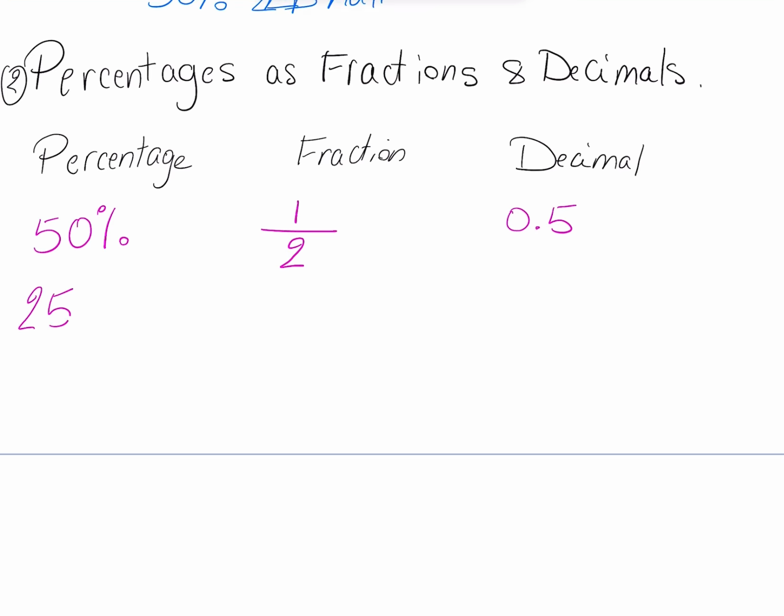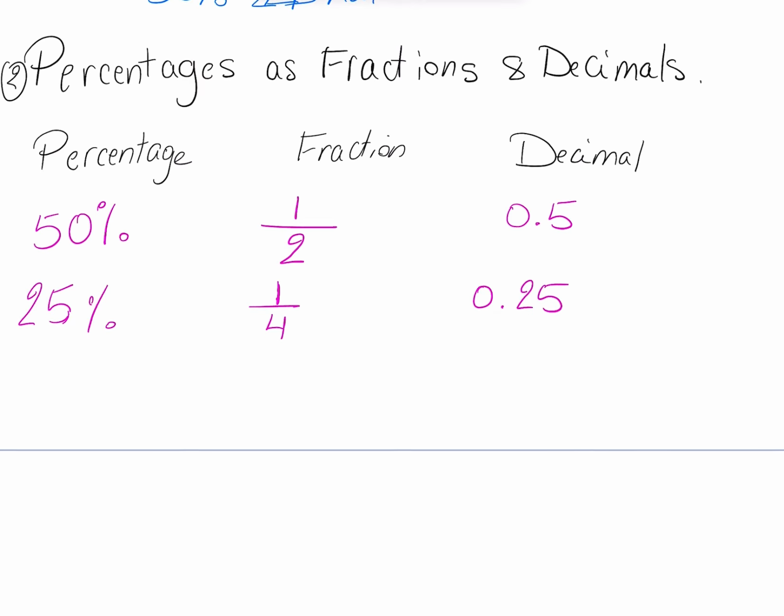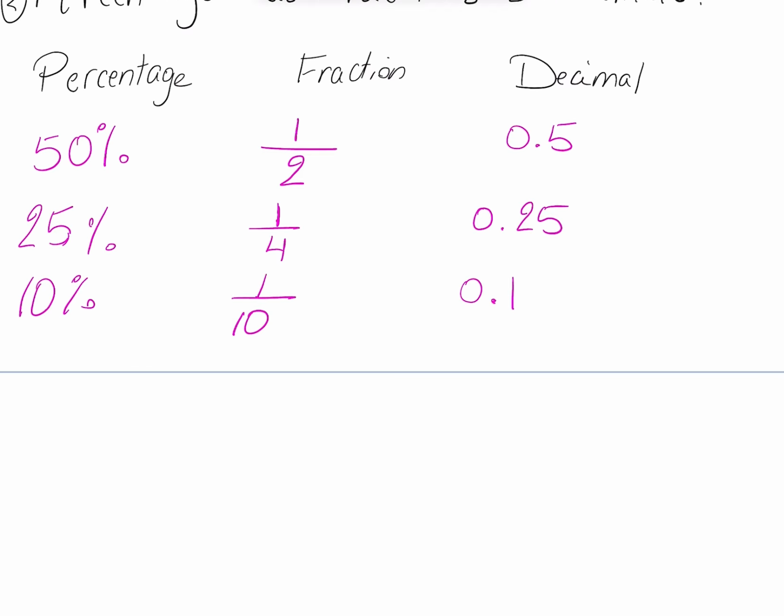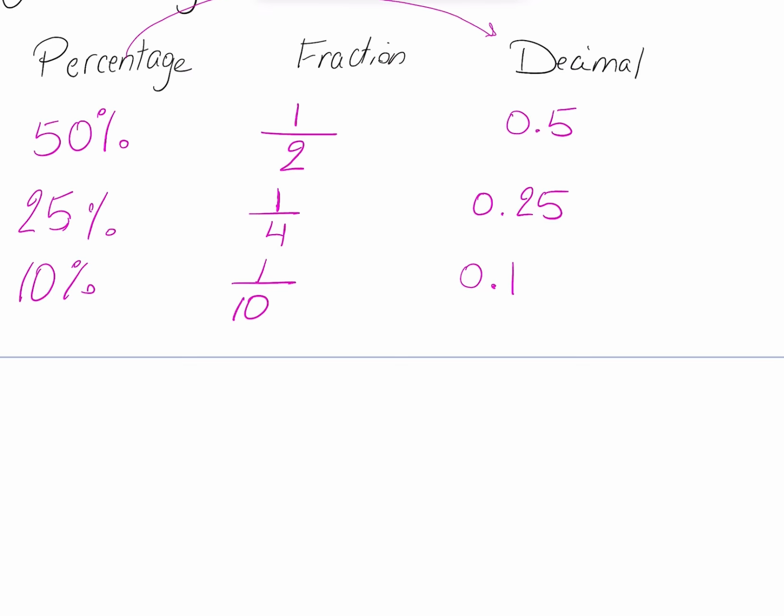Now, if we look at 25%, it's 1/4. And what's the decimal form? It's 0.25. What about 10%? 10% is 1/10, 1 divided by 10, and the decimal form is 0.1. If you ask me how I am converting from percentage to decimal, it's really easy.